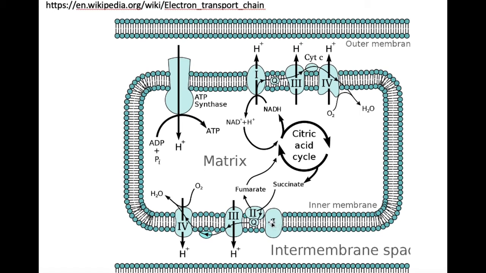They're going to transport their electrons down the various complexes, and in the process of doing so, there's going to be protons that are going to be pumped from the matrix to the inner membrane space, and that electrochemical gradient is going to make the protons want to flow back into the matrix to balance out. And in doing so, they're going to generate ATP by causing this turbine-like protein known as ATP synthase to spin and add a phosphate to ADP to create ATP.